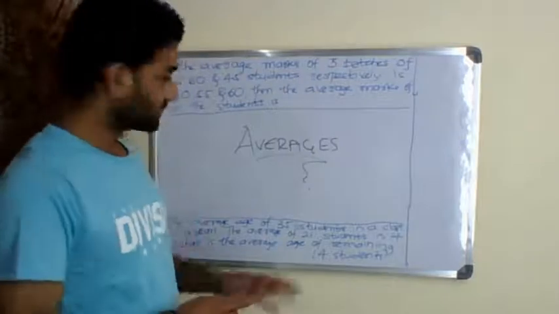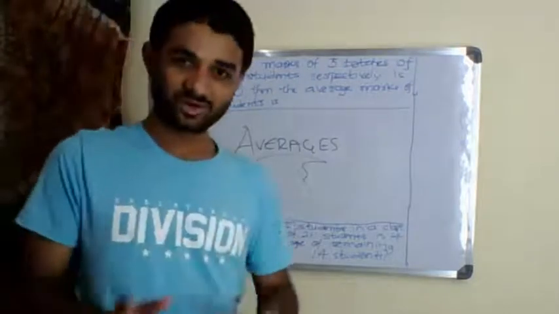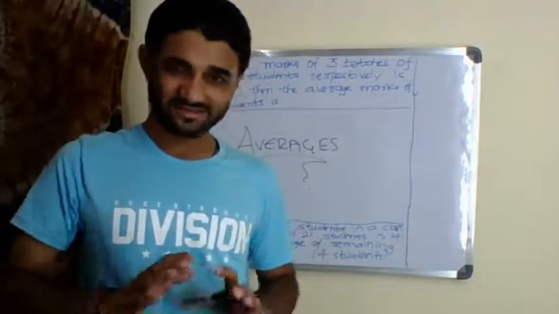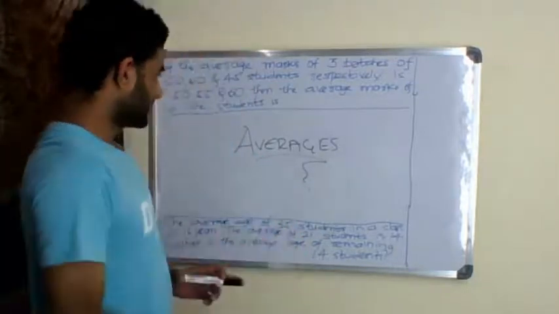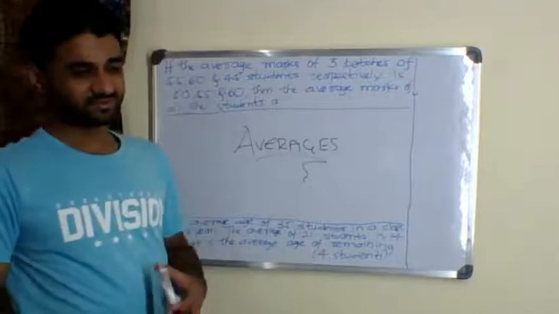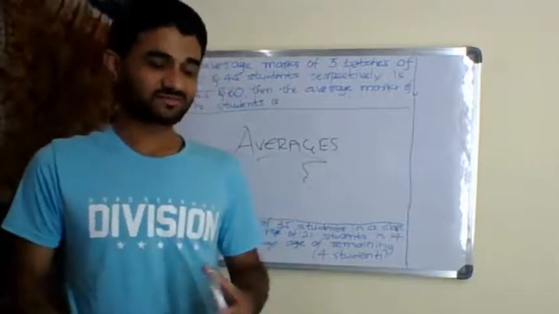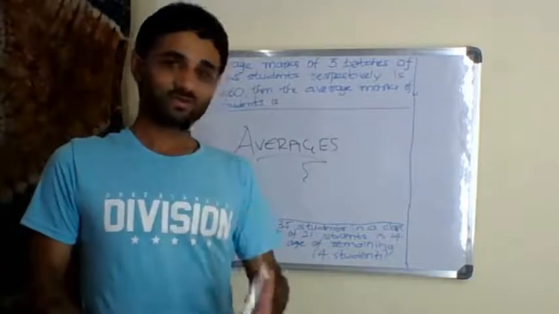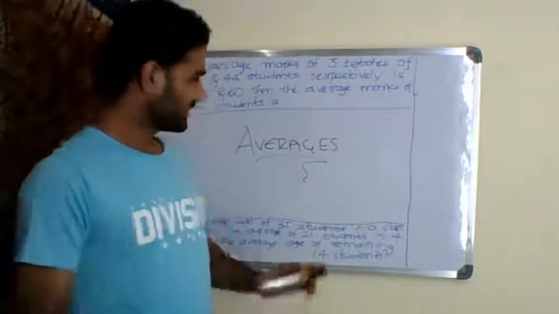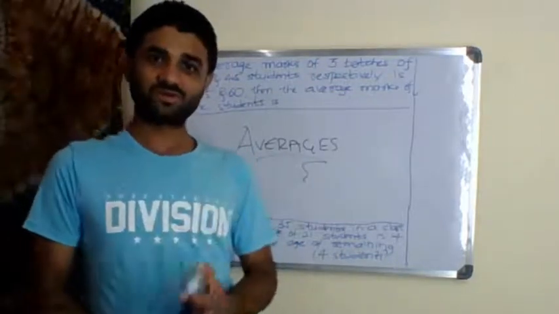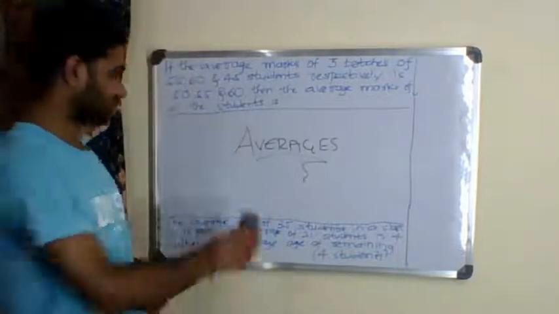Alright. One of the very important, enjoyable, very nice concepts in quantitative aptitude. In many exams, be it bank, insurance, staff selection, government exams, campus recruitment, everywhere, a couple of problems on averages are always asked.